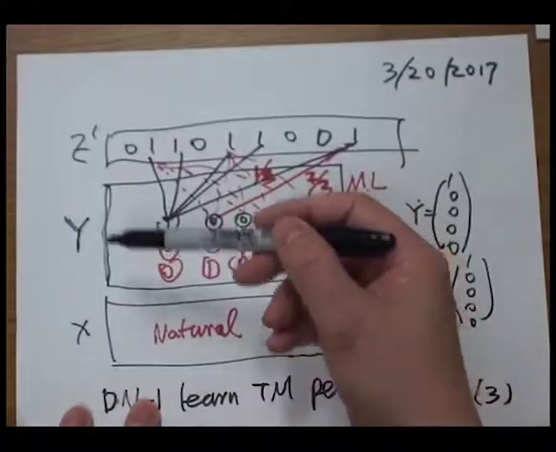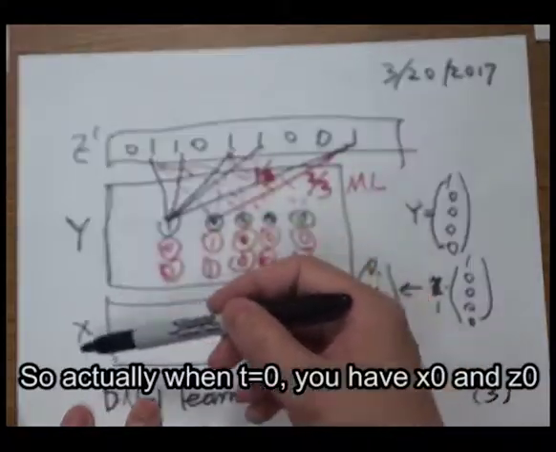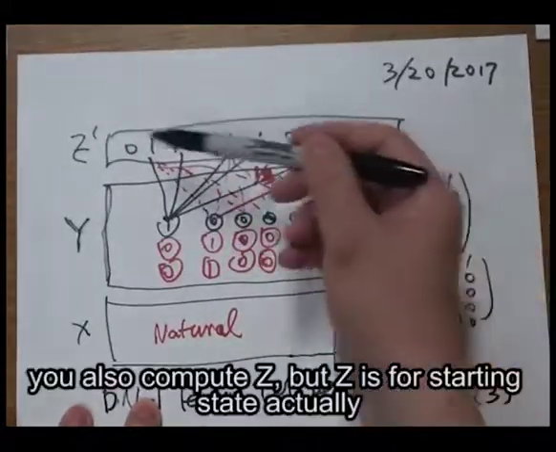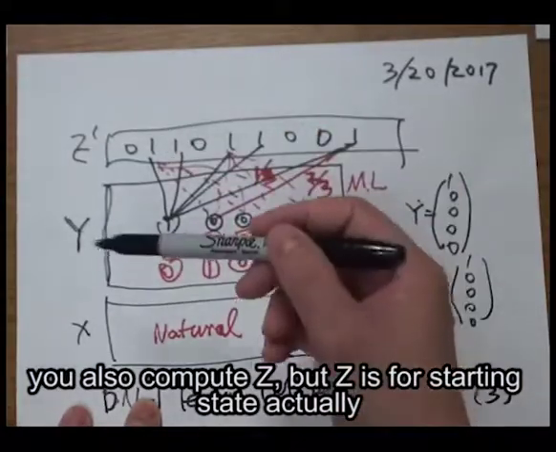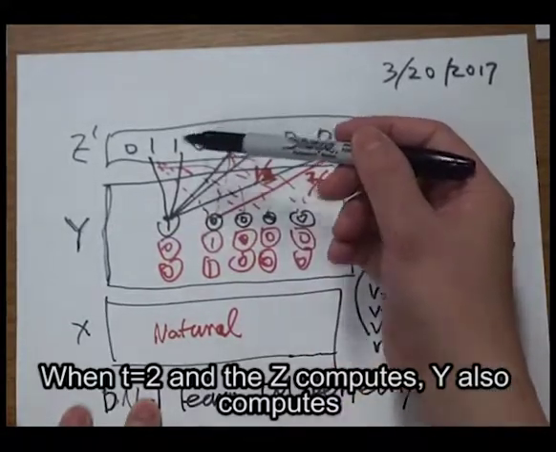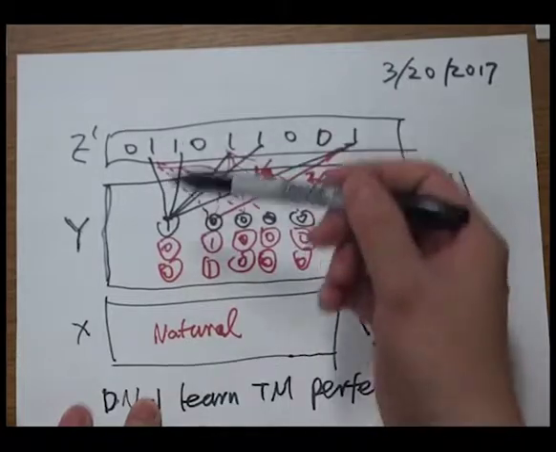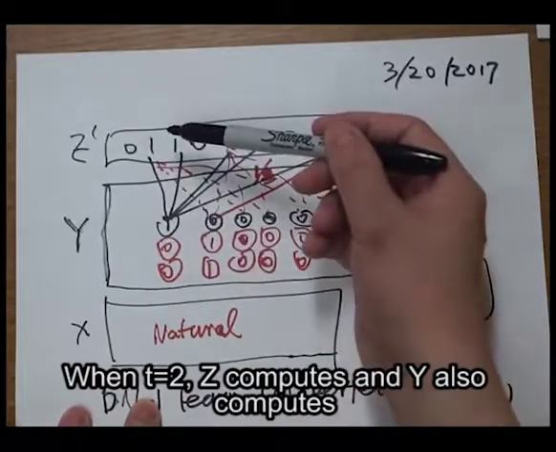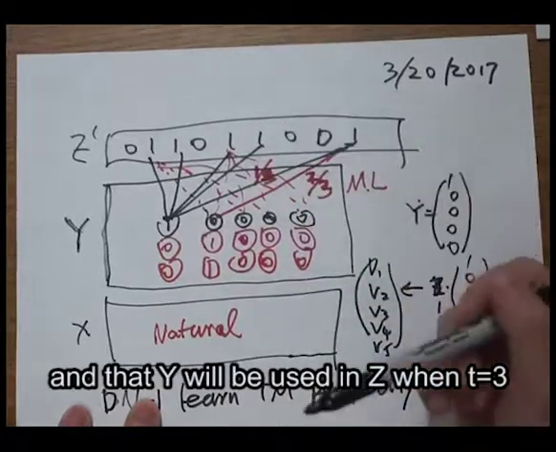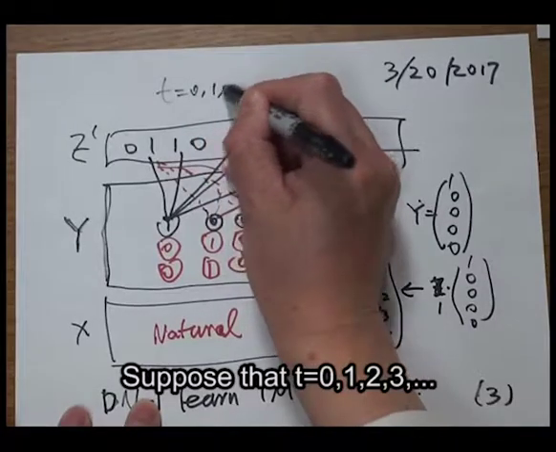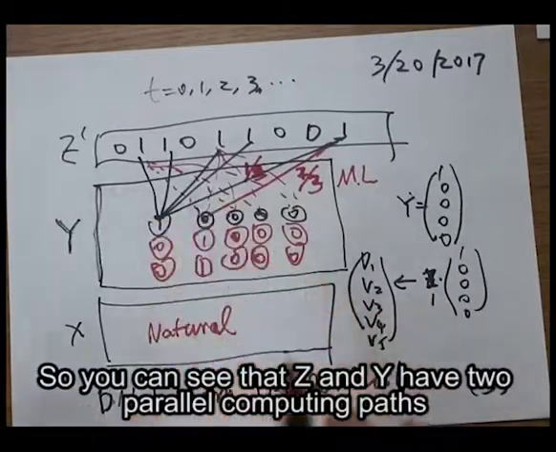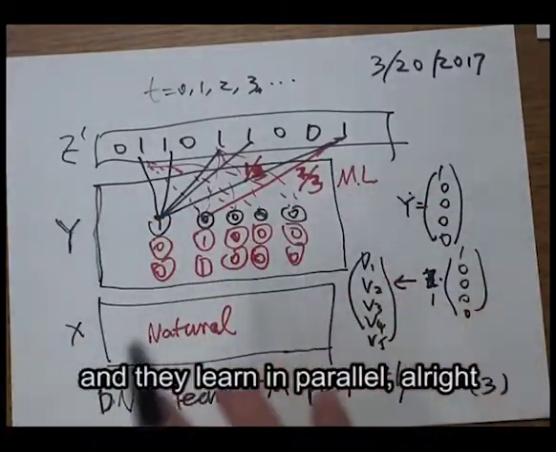Actually, when t equals 0, you have X and Z0. Then at t equals 1, you compute Y, and you also compute Z. The Z is for a starting state, actually. When t equals 2, Z computes and Y also computes. That Y will be used for Z at t equals 3. Suppose t is 0, 1, 2, 3, like that. So you can see that Z and Y have two parallel computing paths, and they run in parallel.